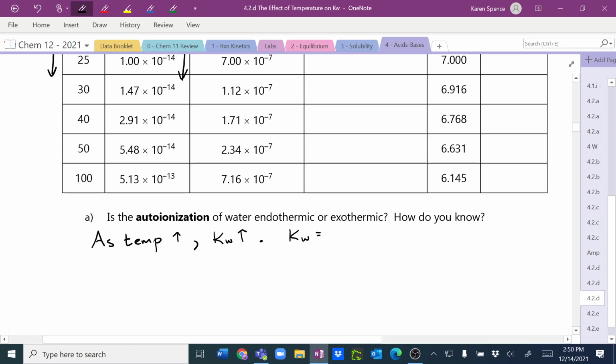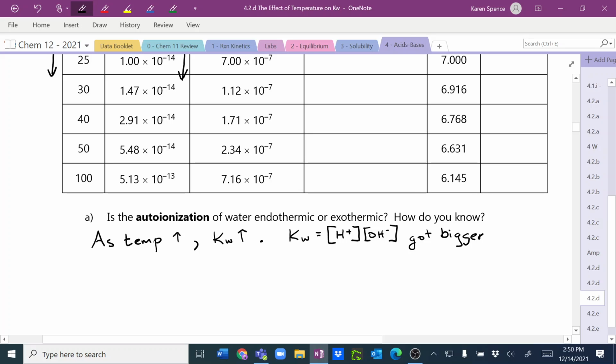Kw is concentration of H times concentration of OH. So this value got bigger, yes, when we increase the temperature.